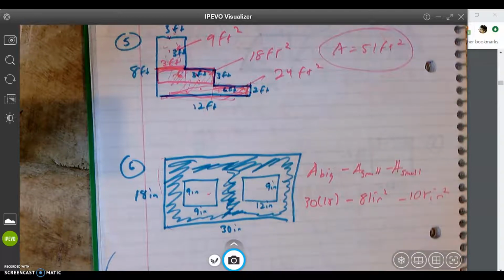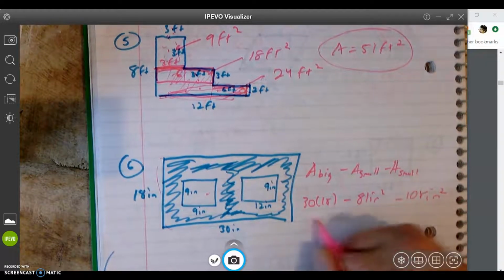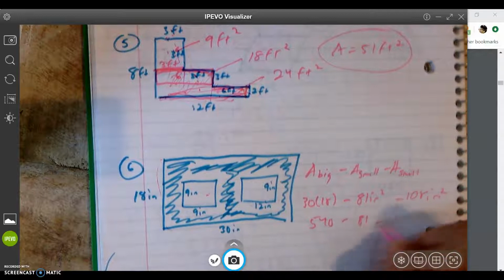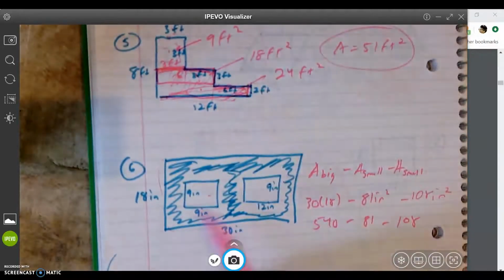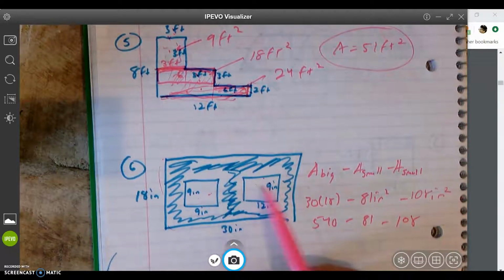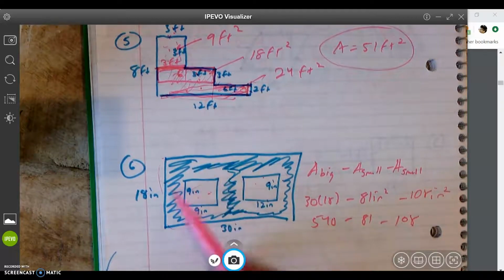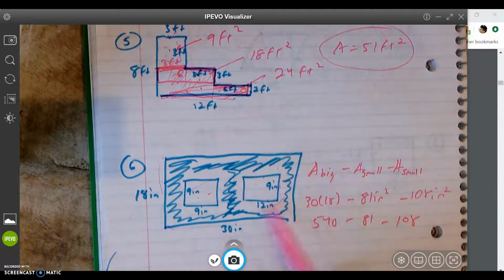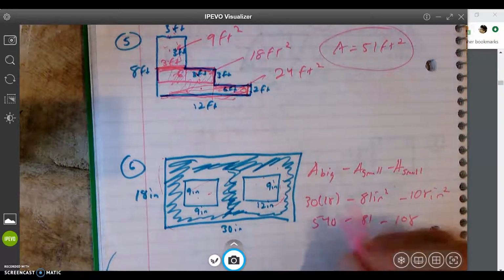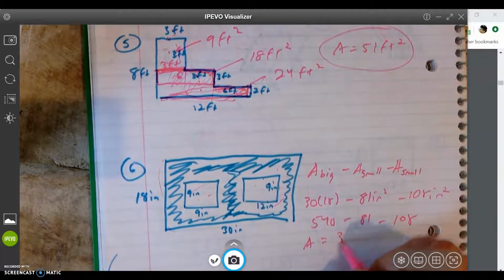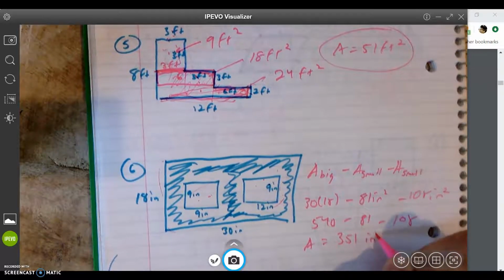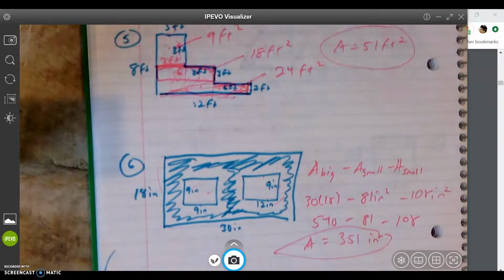So 30 times 18 is 540 minus 81 minus 108, because I'm taking out these 2 parts. These are the 2 small ones I need to take out, because I'm left with just the area around it. Minus 81 minus 108 is 351 inches squared. Cool. There you go.